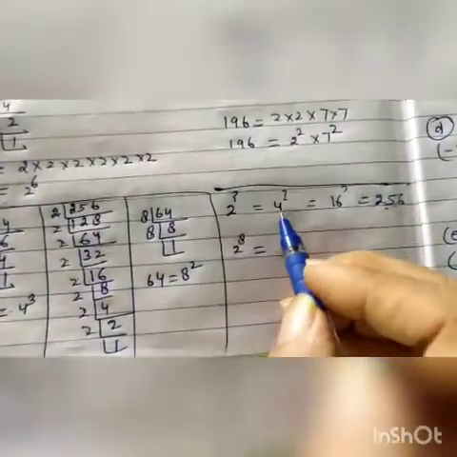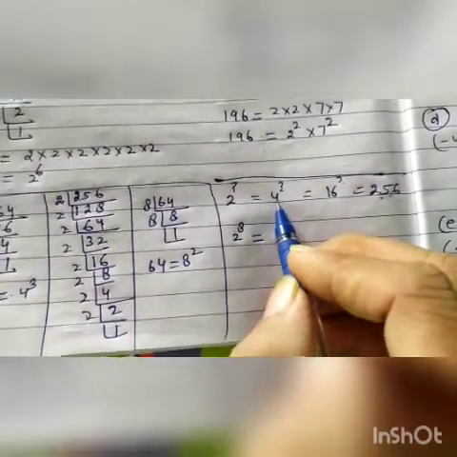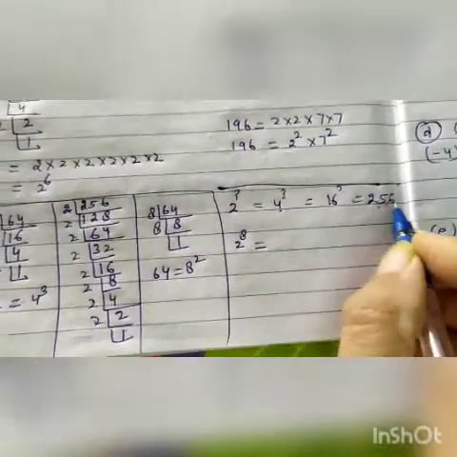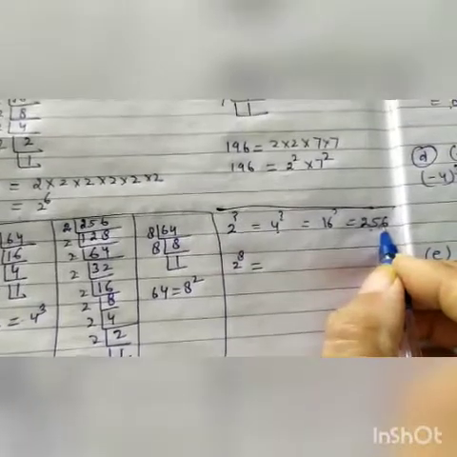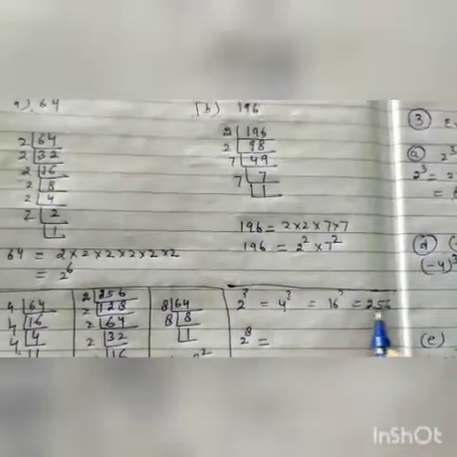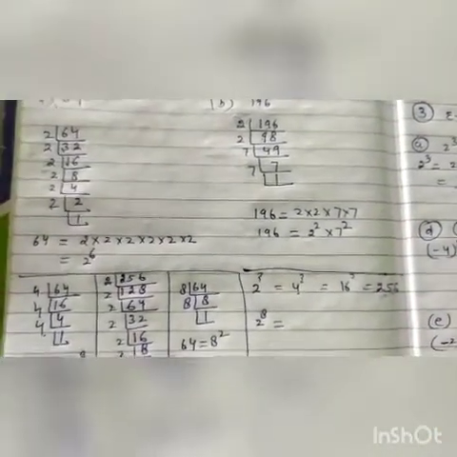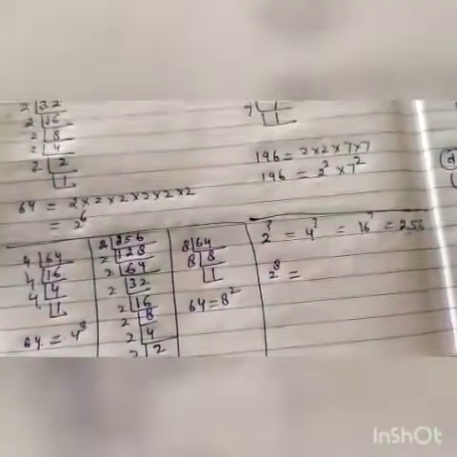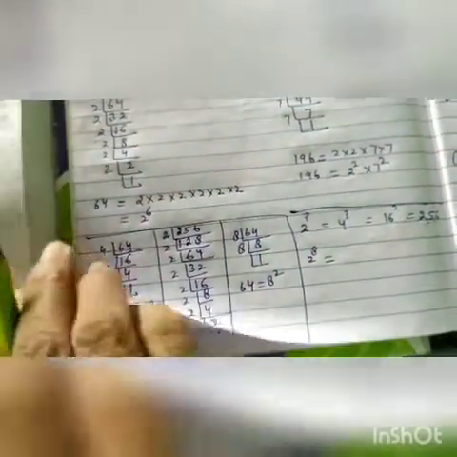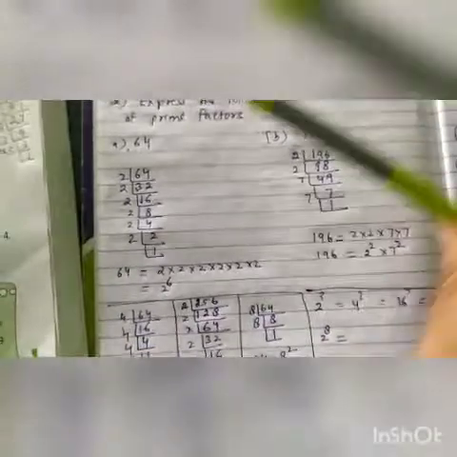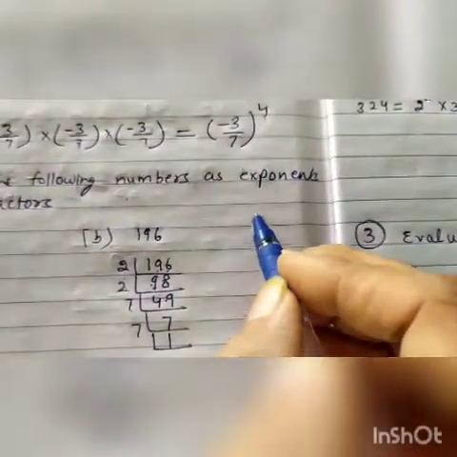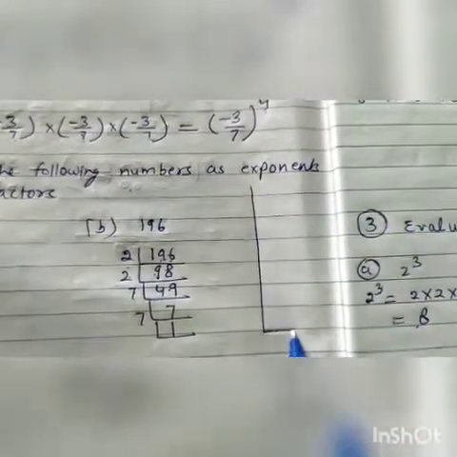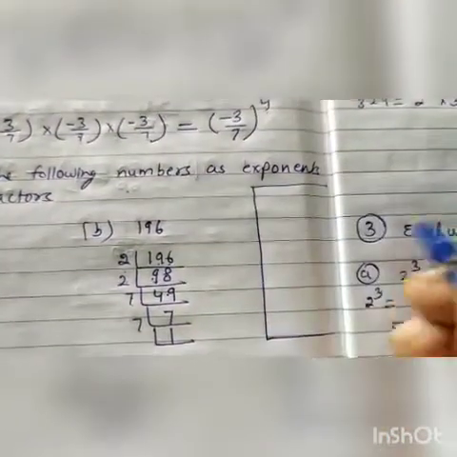Now here what is the base? 4. If we do prime factor of 256 by 4, see, I am doing here. Do not write it in your notebook. This is only for your explanation.